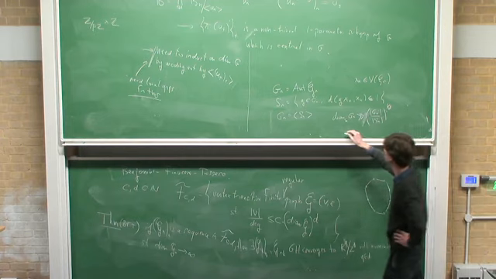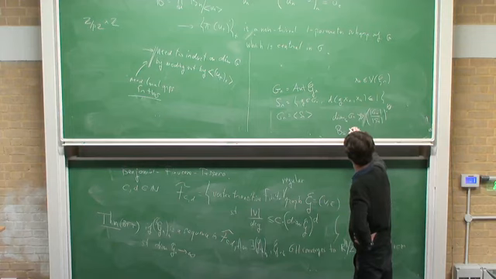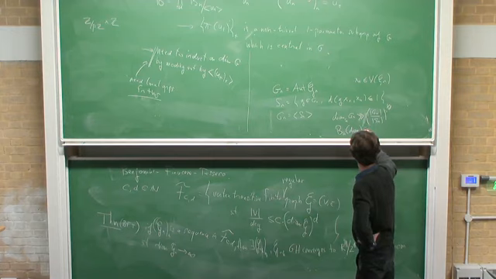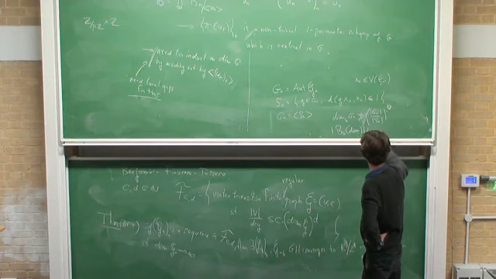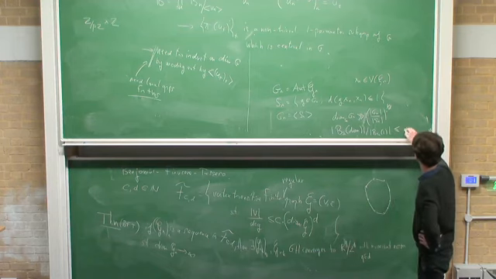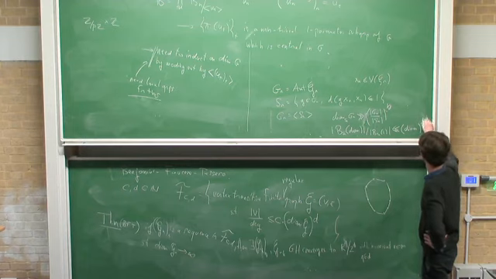Or you could say that the ball of radius the diameter, which is equal to Gn, divided by the ball of radius 1, is at most equal to the diameter to the power d.